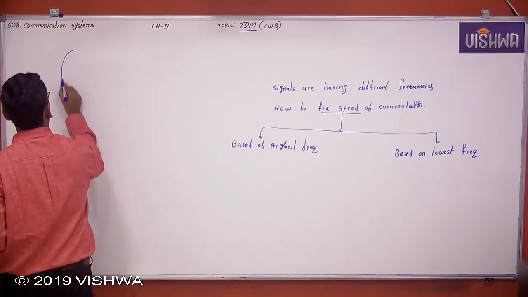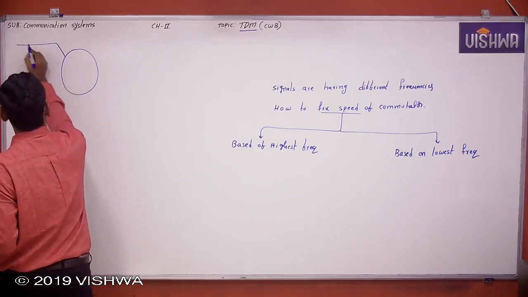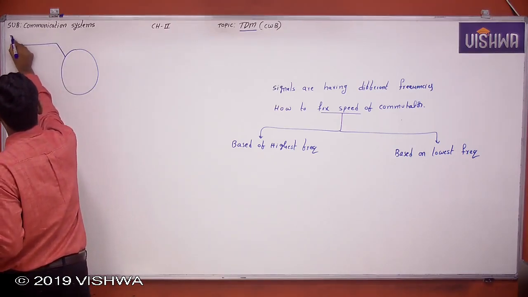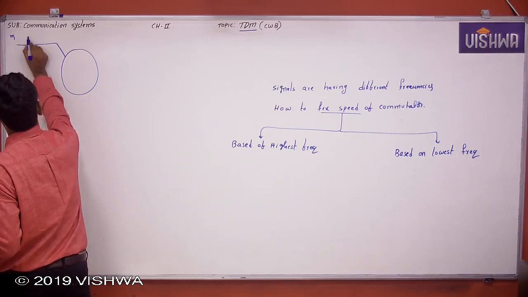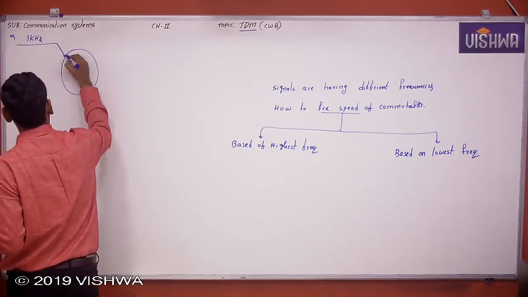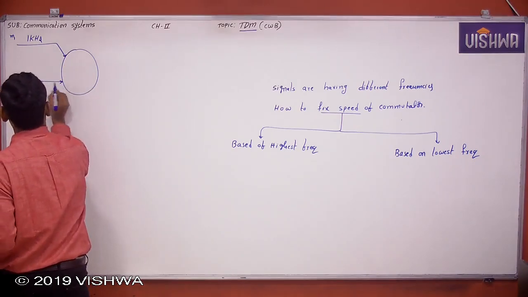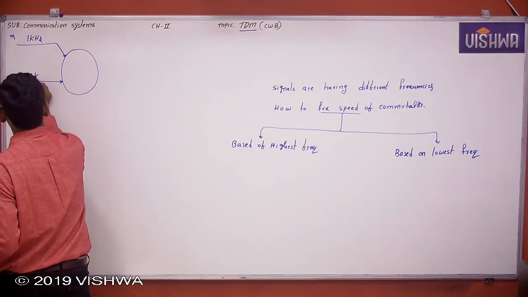This is a commutator. This is the first message signal, M1, at 1 kHz. This is the second message signal, at 2 kHz.